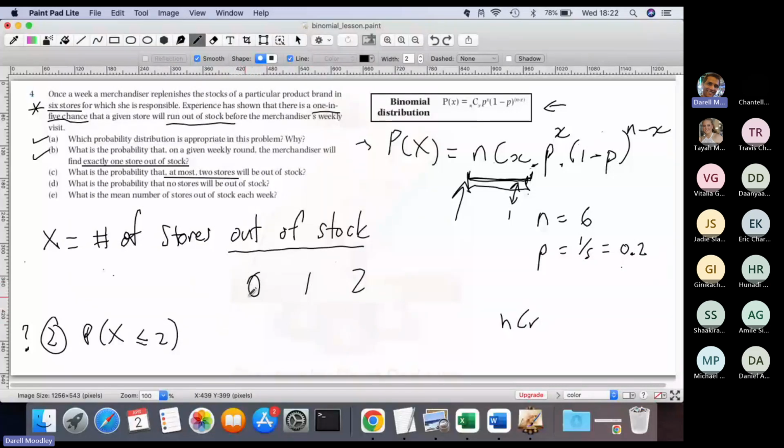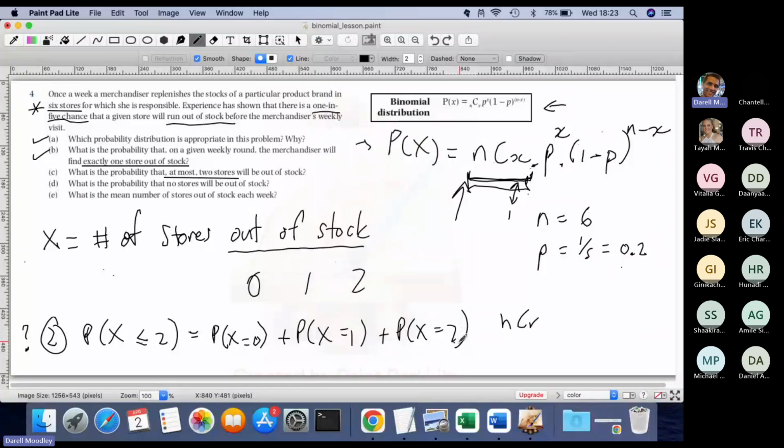So that's what they're asking us for. They're asking us for X being 0, X being 1, and X being 2. So there are 3 probabilities they're asking us for. They're asking us for all of them. And so the final answer would be actually working out each of them, probability of X equals 0, plus probability of X equals 1, plus probability of X equals 2.